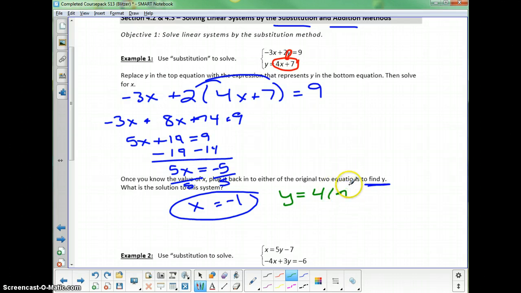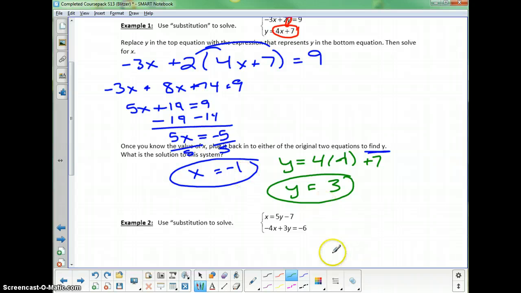I just found that x was negative 1, plus 7. So y equals negative 4 plus 7, it's going to be 3. Okay? As we saw from the last section, the solution is going to be an ordered pair, so the ordered pair solution is the ordered pair negative 1, 3 for this problem. That's my answer.